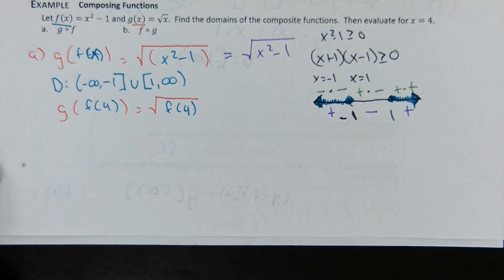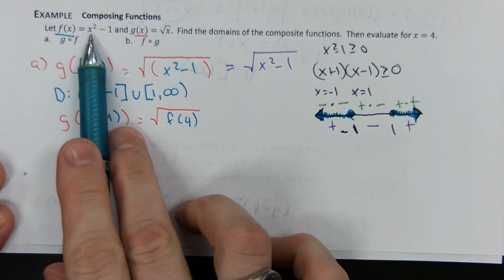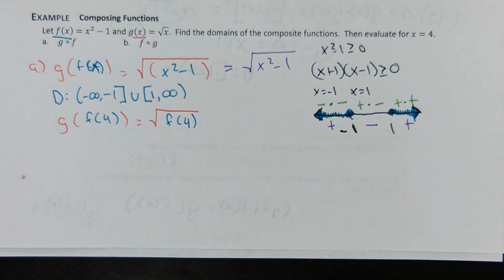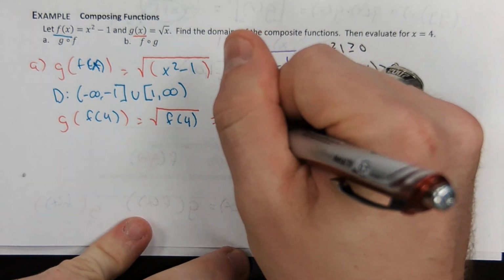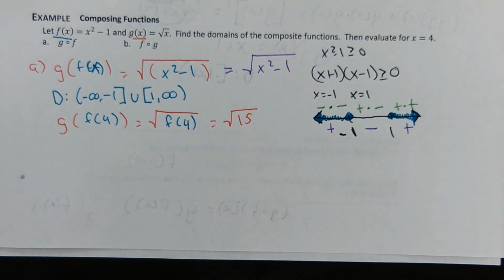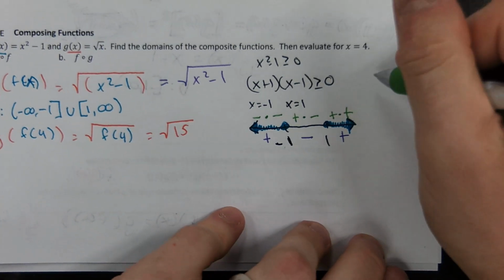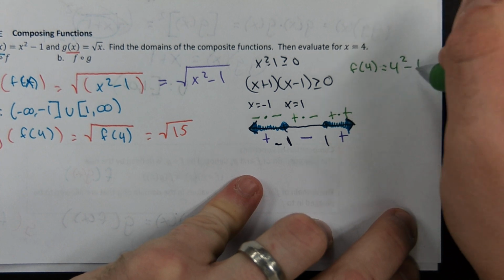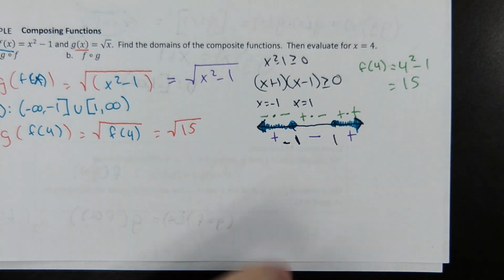But what is f of 4? Well, that's just 4 squared minus 1. 15. There, just showing you what we did.